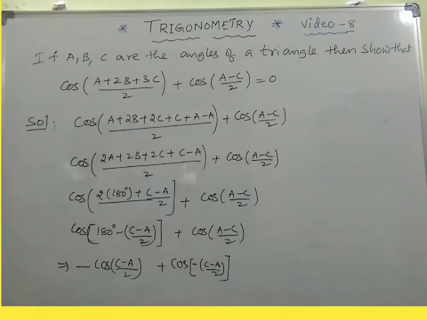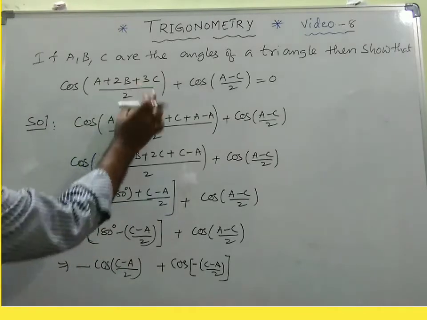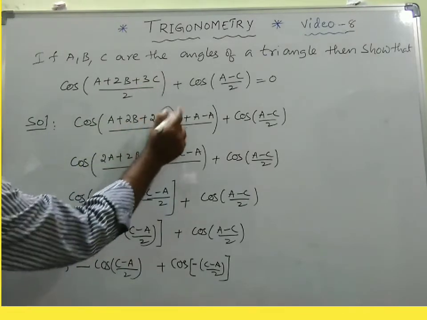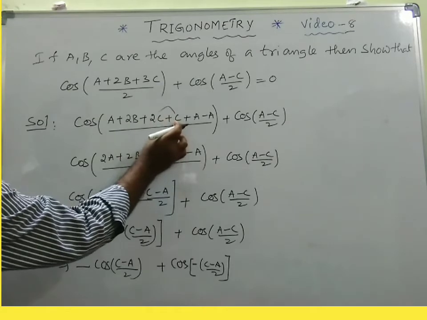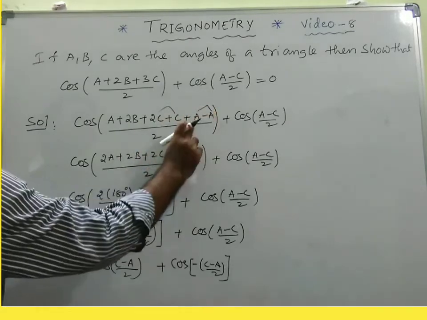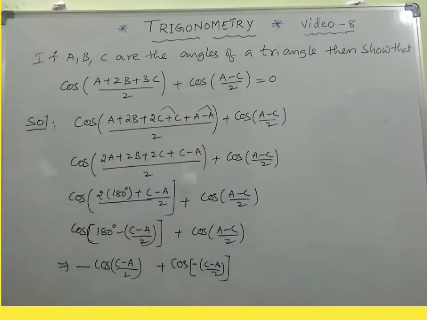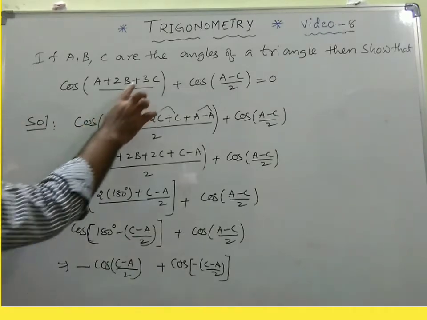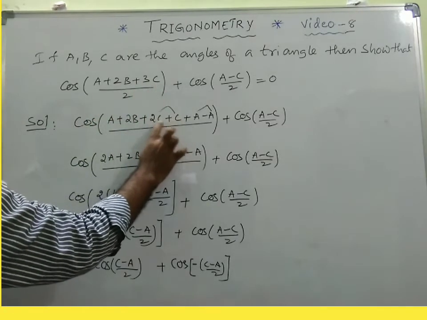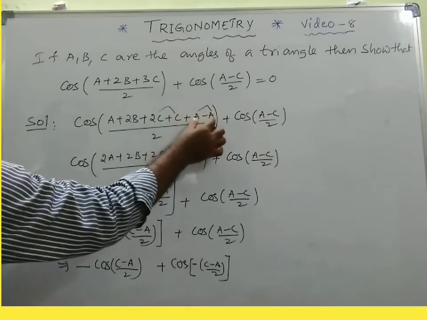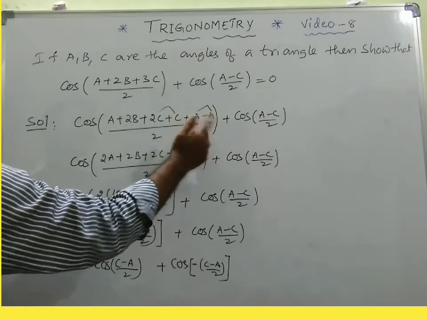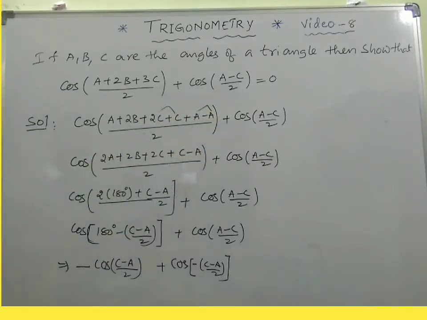Okay. So coming to the solution, just A plus 2B plus 3C as it is, 3C I just want to write as 2C plus C, and here what I am doing is adding and subtracting A. Only two changes I made. 3C I want to write as 2C plus C, and additionally add and subtract A, so that the value of the function will not be changed.